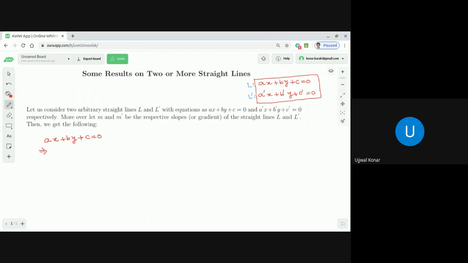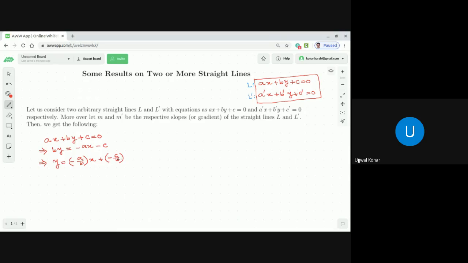If you recall, y equal to mx plus c is the slope-intercept form, so from there we can find the value of the slope. From here we can write by is equal to minus ax minus c, so y is equal to minus a by b into x plus minus c by b.